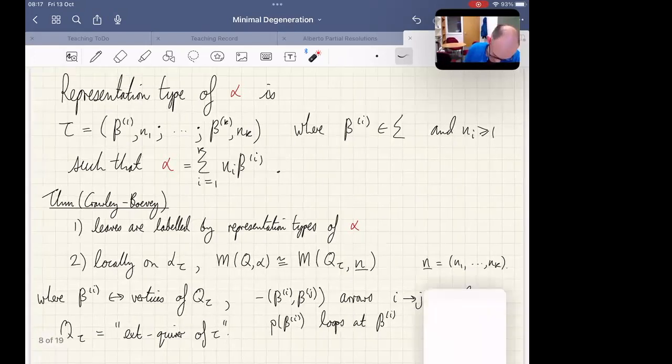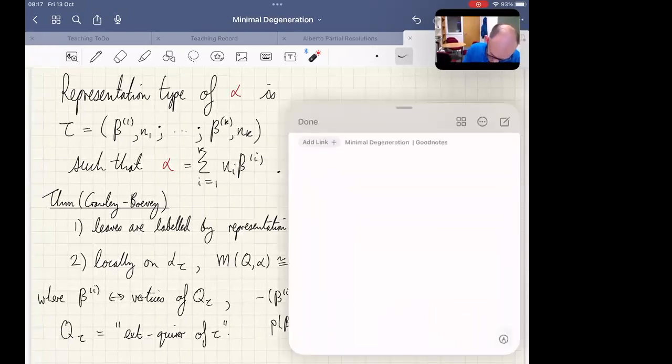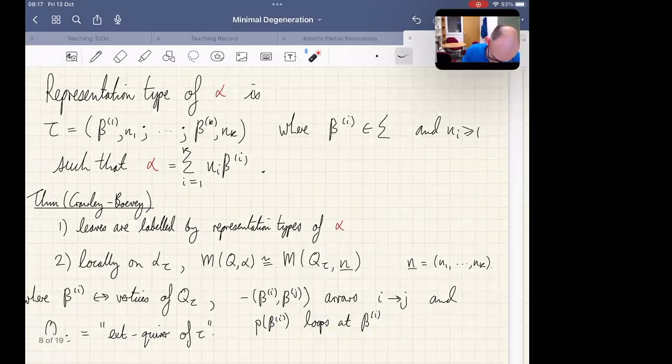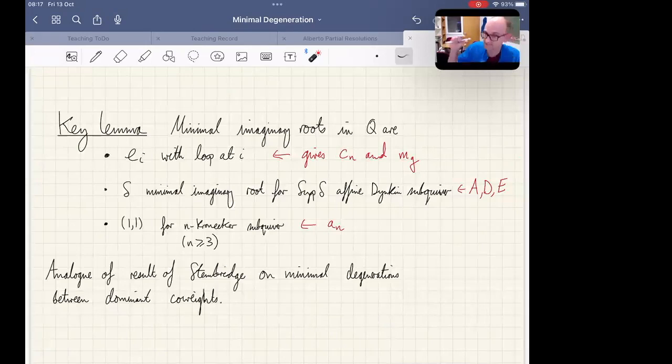When it comes to classifying the smallest non-zero leaves, what you really need to do is look at what the possible minimal imaginary roots inside your root system are. By minimal imaginary root, I mean an imaginary root such that any root less than it has to be real.